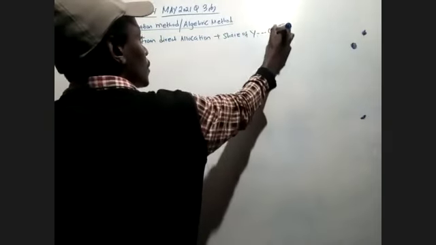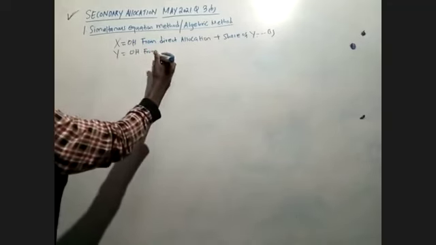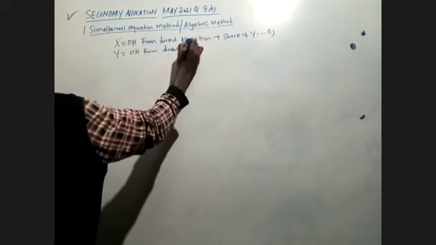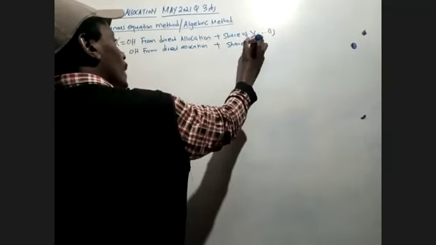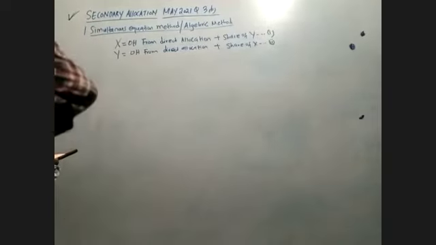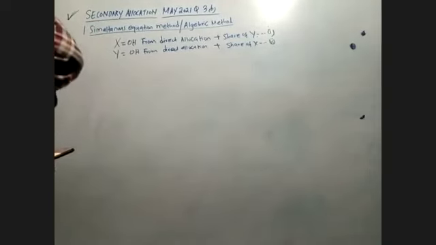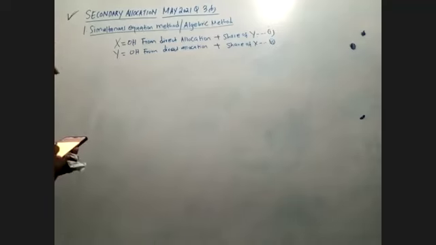This is called equation 1. Then y is equals to overhead from direct allocation plus share of x. Sasa inakuwaje? Ndio iko sawa.